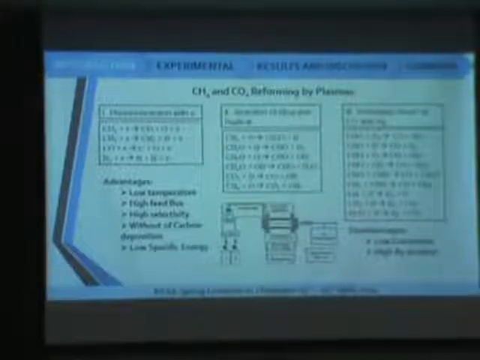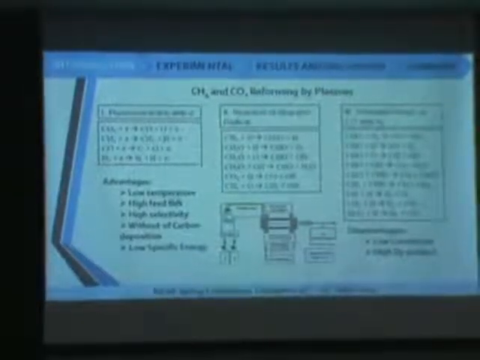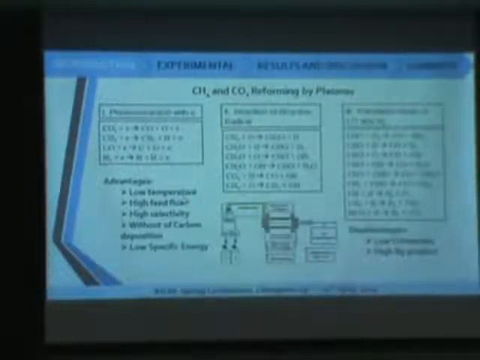You can see that in all the reactions here, carbon is not generated, and also the temperature is low, with high flux and high selectivity. But the plasma process has low conversion and very high byproduct.